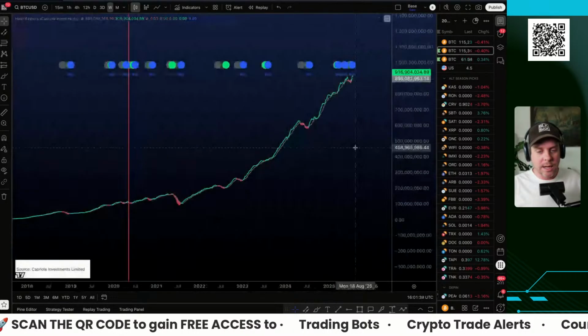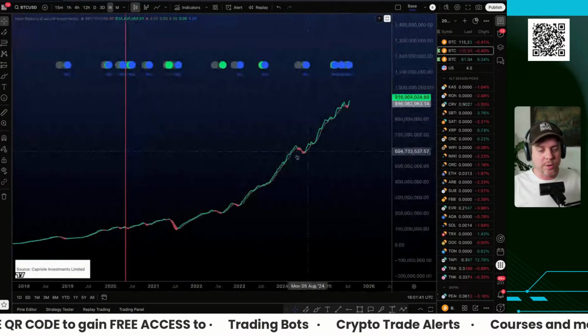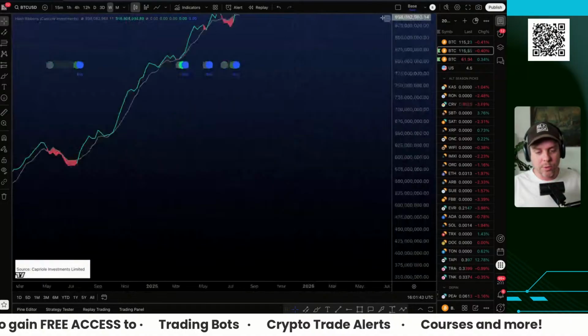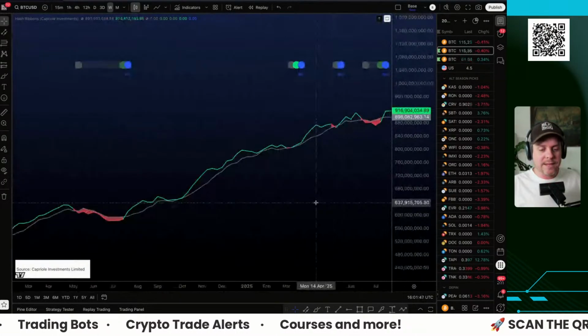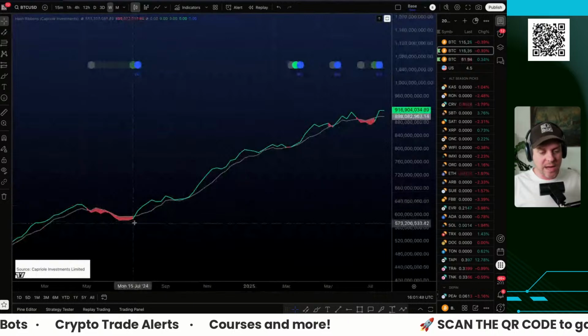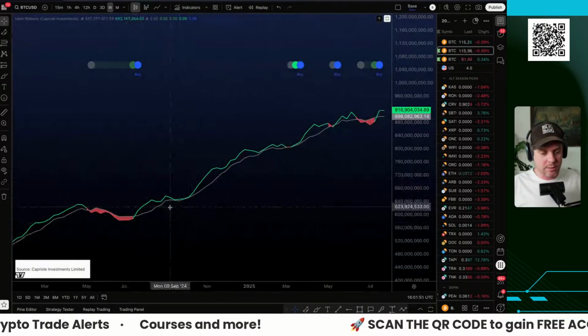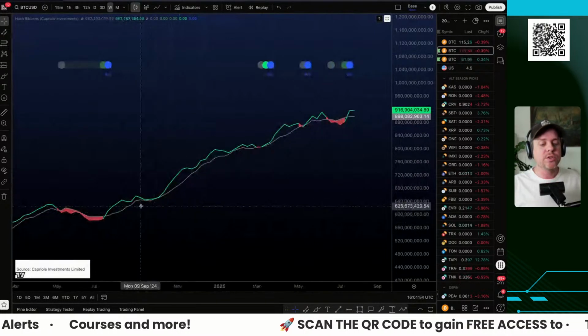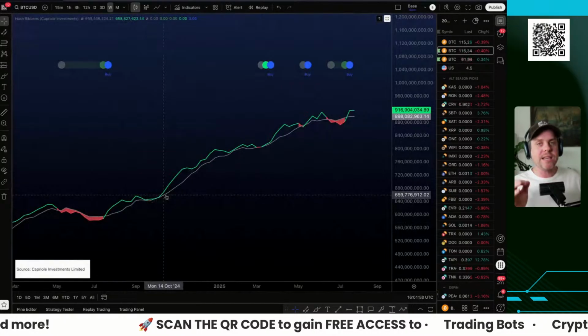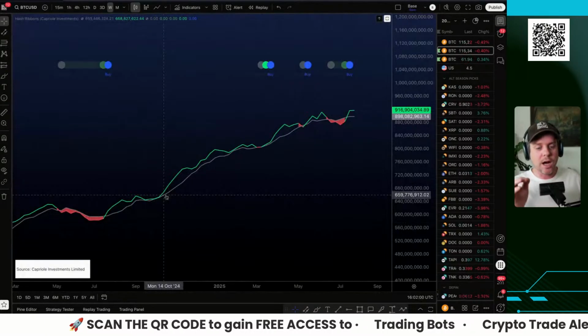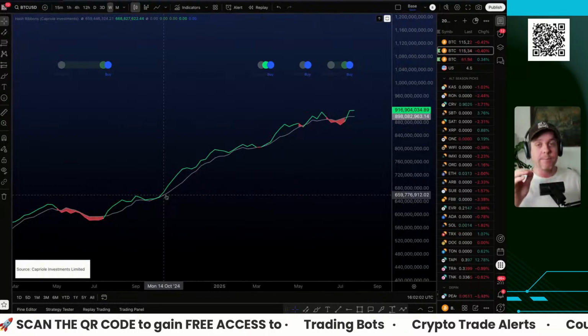Let's take a look at a couple of these, what this represents. So basically, let's zoom right in here so I give you guys a good understanding. This gray line, so ignore the red and green line for just a moment. Let's just take a look at this gray line. This gray line represents the break-even price of Bitcoin mining.